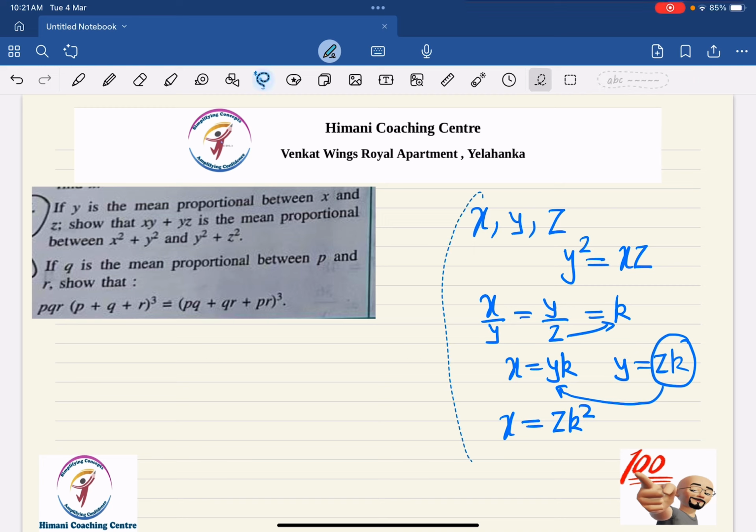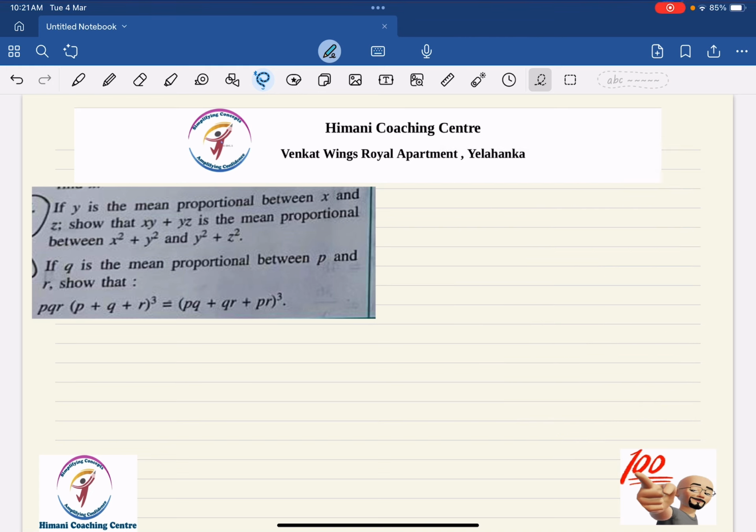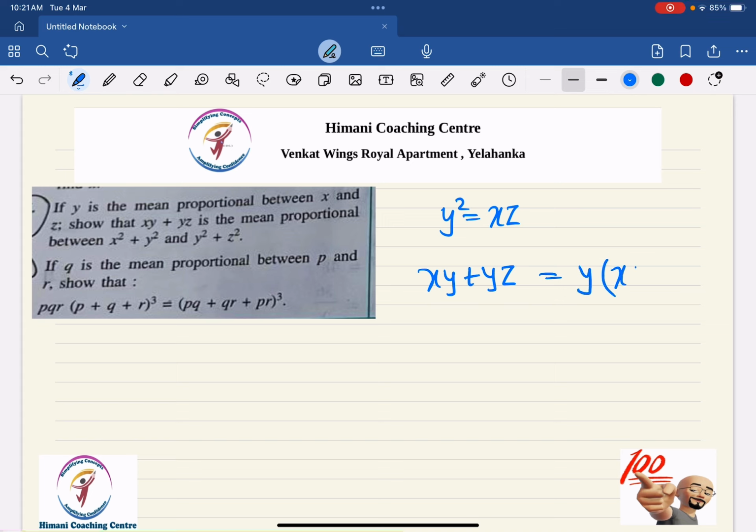So let us start with question number 1. Since I said that y square equals x times z, now let us take xy plus yz. In this we have y common and that gets multiplied with x plus z.